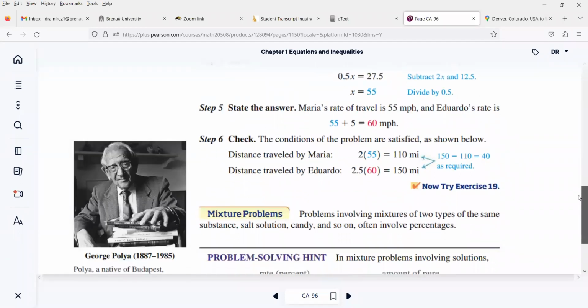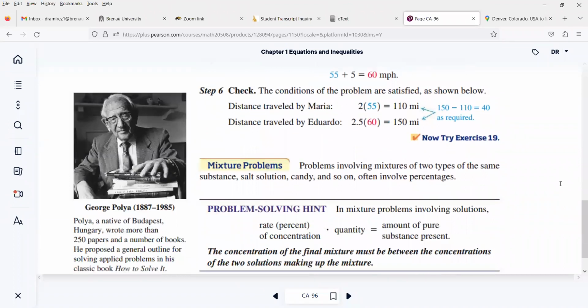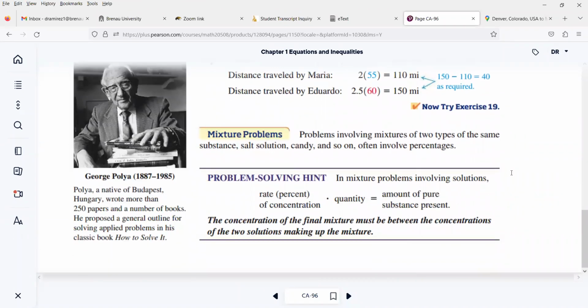Problems involving mixtures of 2 types of the same substance, salt solution, candy, and so on, often involve percentages. So in mixture problems involving solutions, the rate or percent of concentration times the quantity is going to be the amount of pure substance present. So let's say some solution of 100 milliliters has 40% of alcohol, then it has 40 milliliters of alcohol.